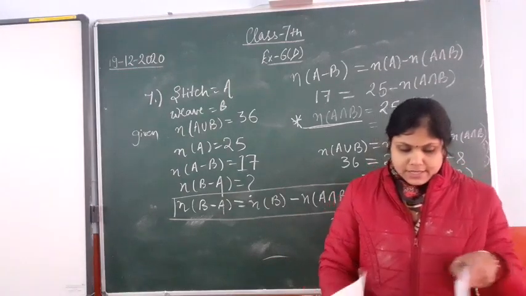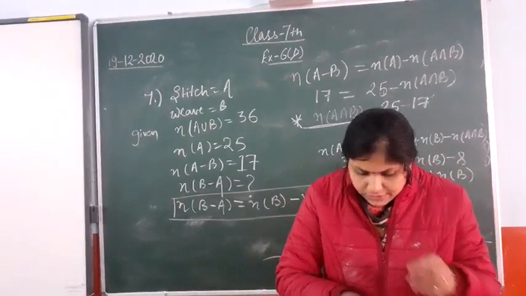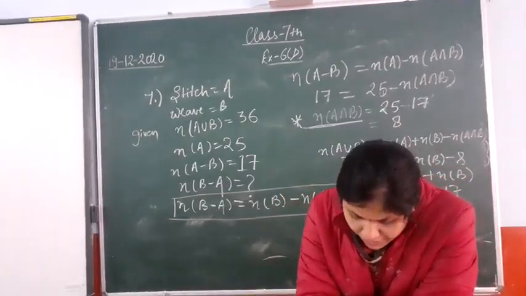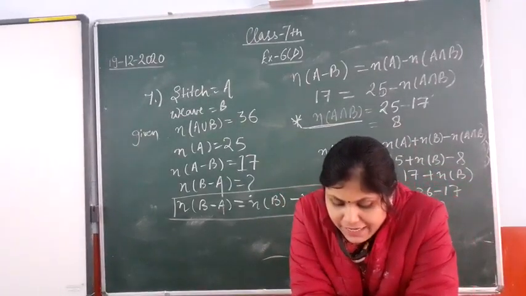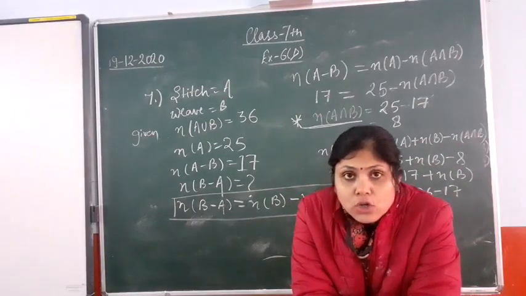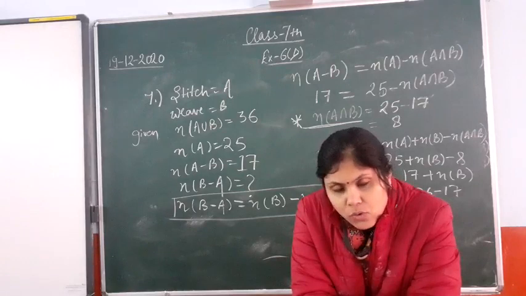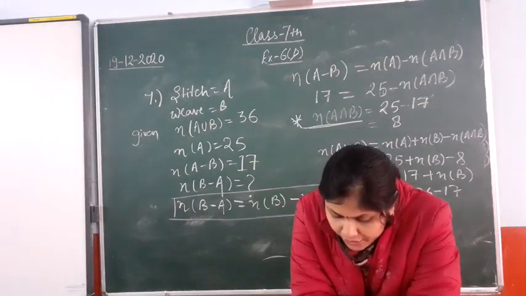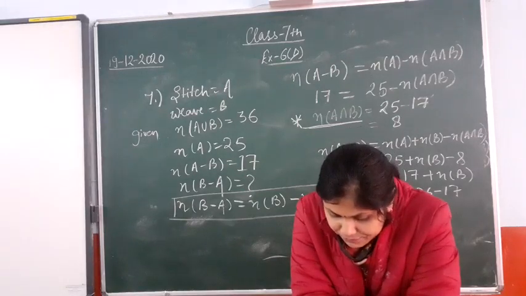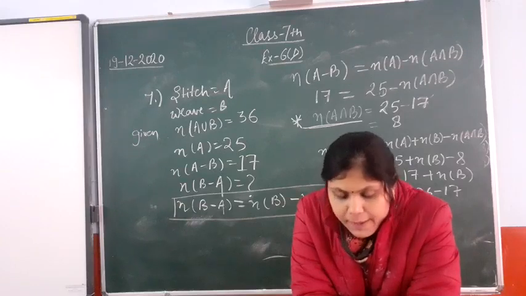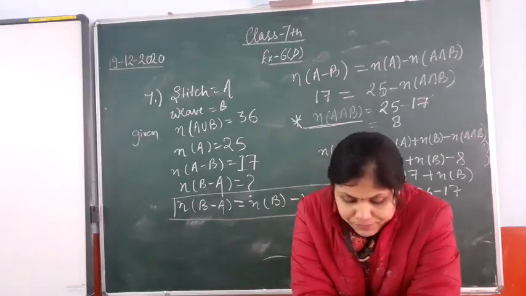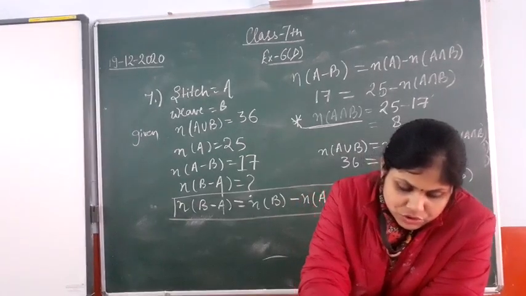Let us discuss this ninth question. In a group of 40, 10 drink tea but not coffee. That means he drinks only tea. And 26 drink tea. How many drink coffee but not tea? Let us do the ninth question now.